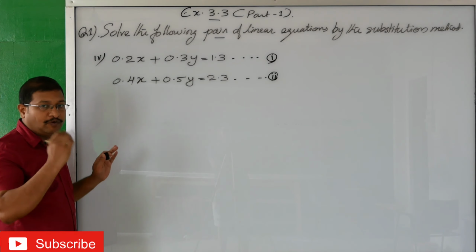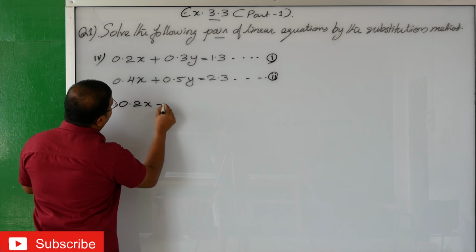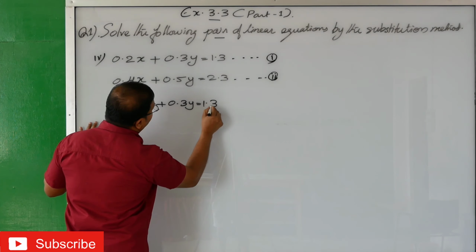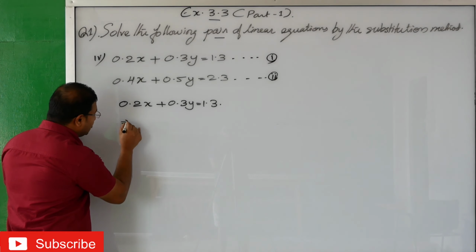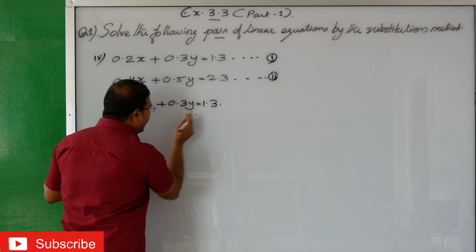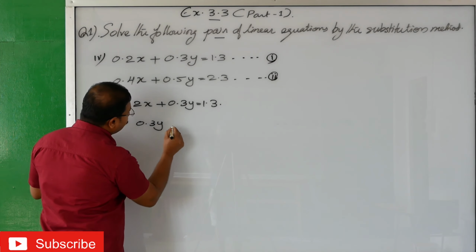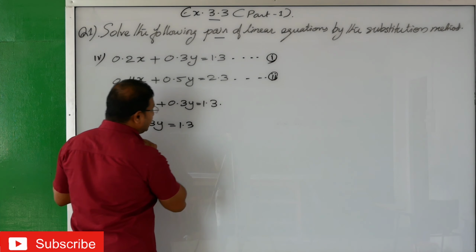We'll write the first equation one more time. That is 0.2x plus 0.3y equals 1.3. Ready? After that, this implies, I'm keeping only the value of y here. That means 0.3y equals 1.3, already on the right side.